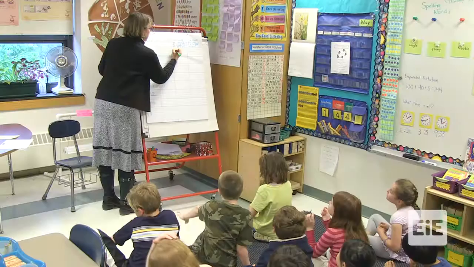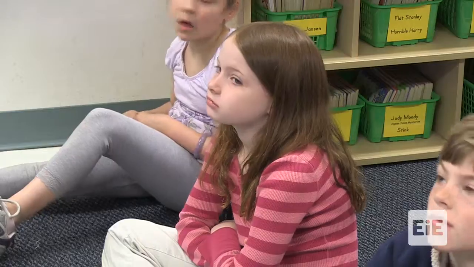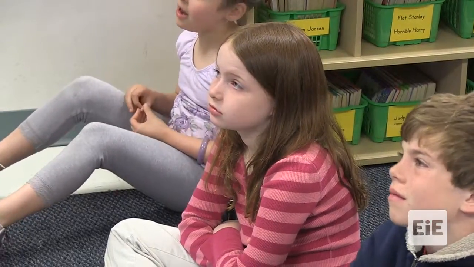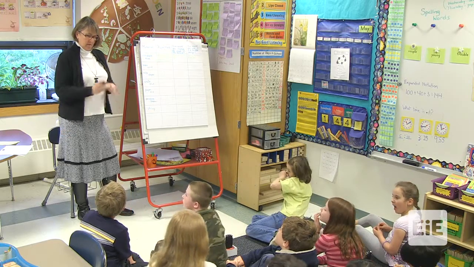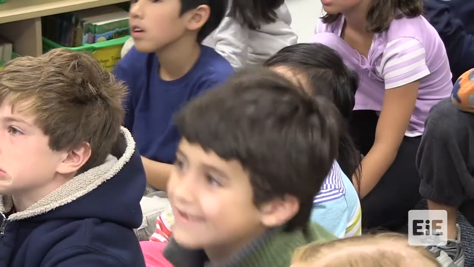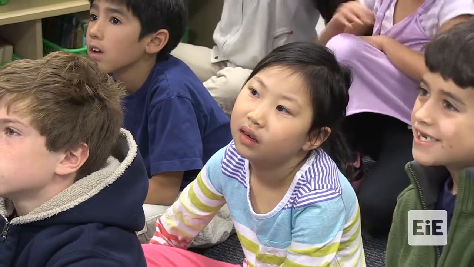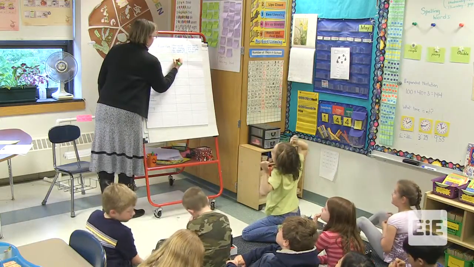Yes, you can fold it. Any other ways you could change the shape of cellophane tape? Could you crinkle it all up into a little ball? That's what I was going to say. Would it still stick? Kind of. So we could make it into a ball.